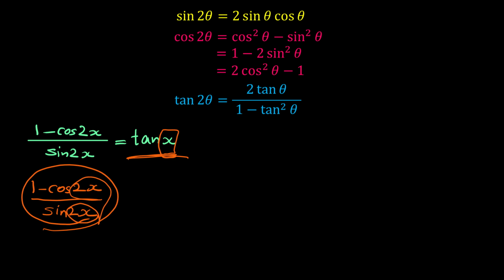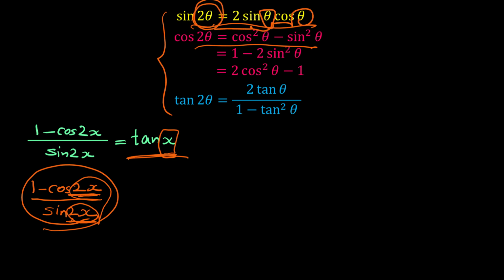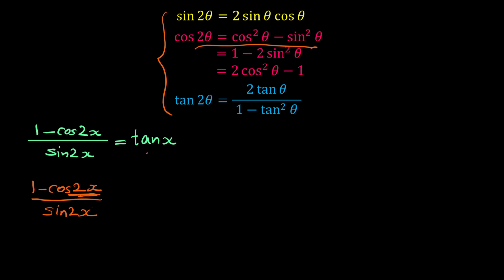So it can be a good idea to use these double angle identities to change these angles to x, because by using these identities, we can change the angle 2 theta to theta. Here we have 2x, and in the right side, we have x as the angle of the trigonometric function. So this is the reason we can think of using these double angle identities here.